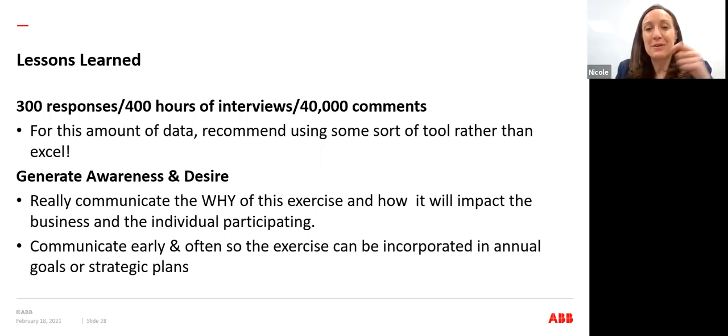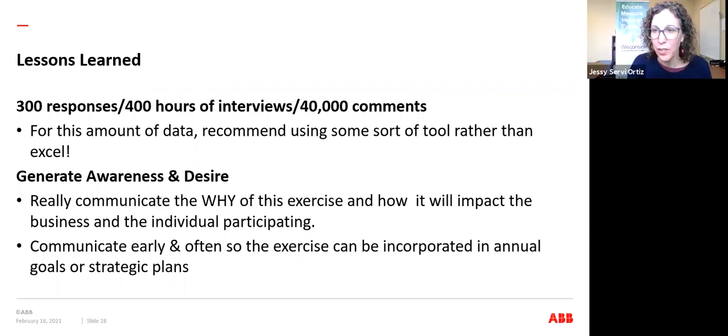So getting that awareness out, getting that desire out, it's all that change management process when you're introducing something completely new to your organization, especially to the people that are going to be actively involved in it. That's it.